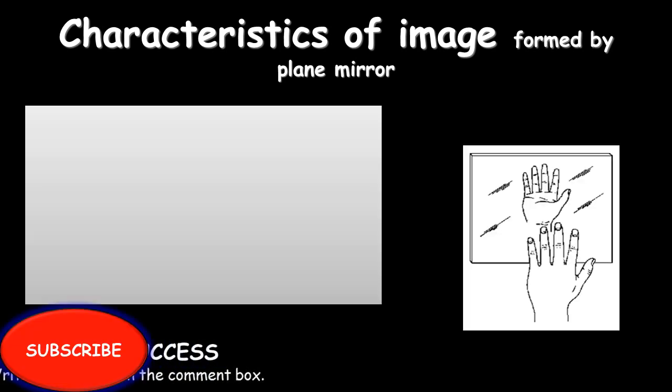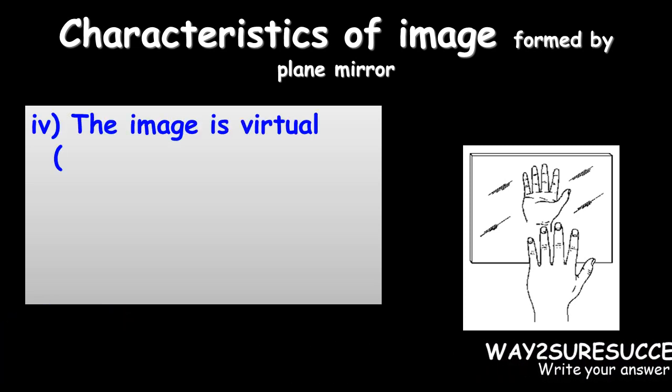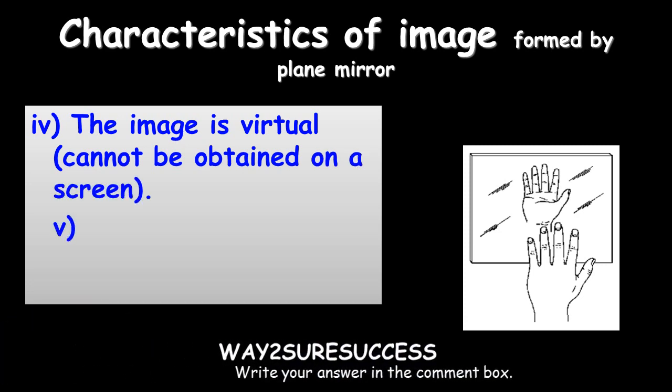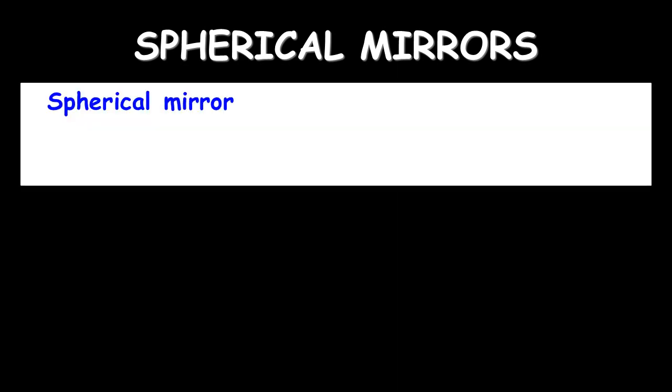Fourth, the image is virtual, which means we cannot produce the image on a screen. Fifth, the image is laterally inverted.